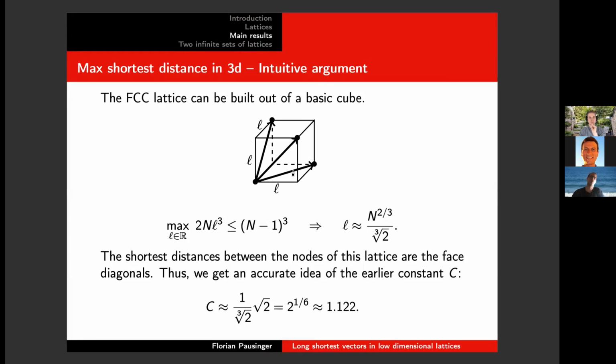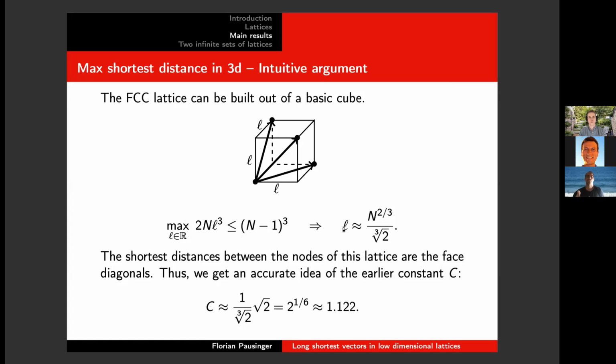Now we know that we want to distribute capital N points into a cube of volume n^(-1/3). So we can now look for the maximal number L such that we fit our cubes into this volume, and this gives us an approximate idea of what we can expect.